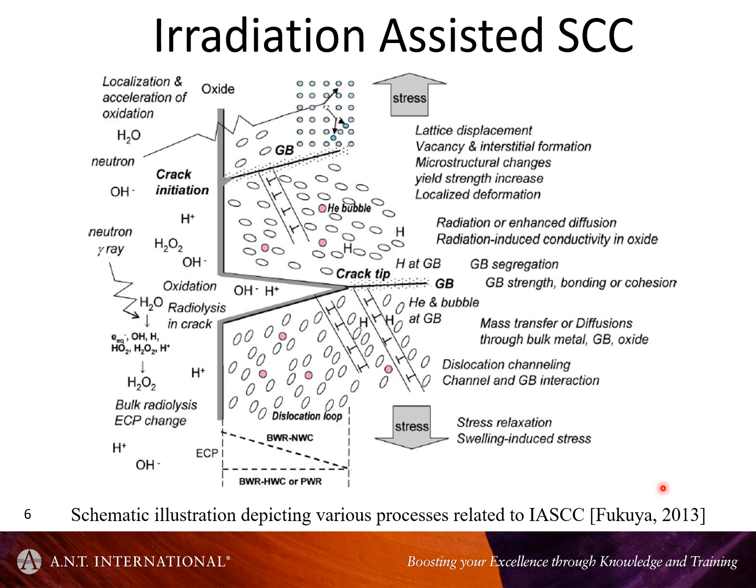And hypothetically, there's all kinds of things going on in an irradiation environment. In terms of irradiation-assisted stress corrosion cracking, you're damaging the material, you're hardening it, and you've got radiolysis also to contend with.